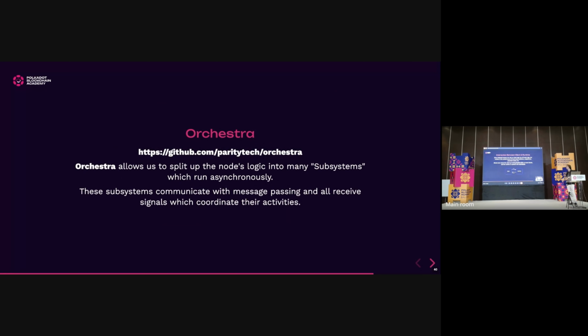Okay, and this is like implementation nitty-gritty details. We have this orchestration tool called Orchestra, and this whole ELVS part, the backing, the data availability, the disputes, and stuff like that is split into separate modules.